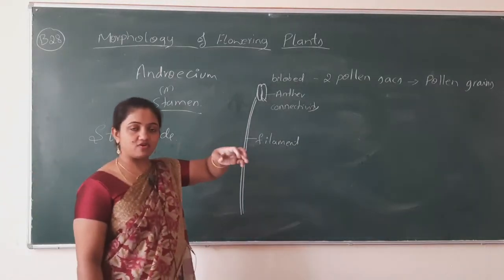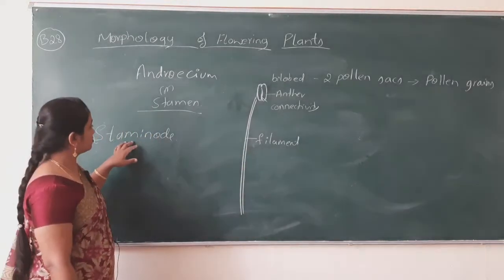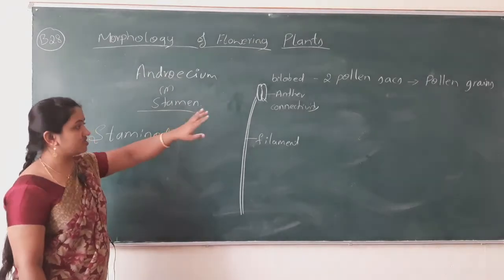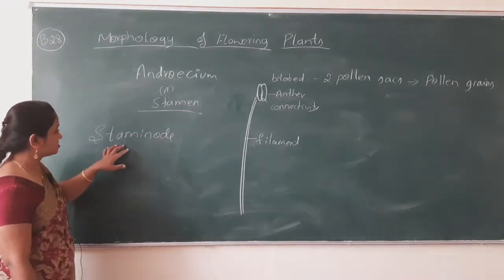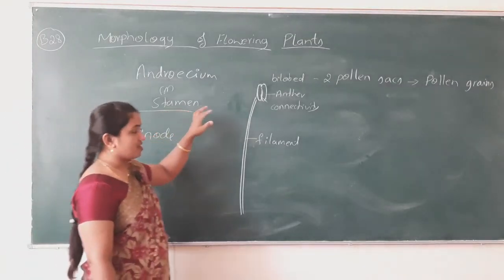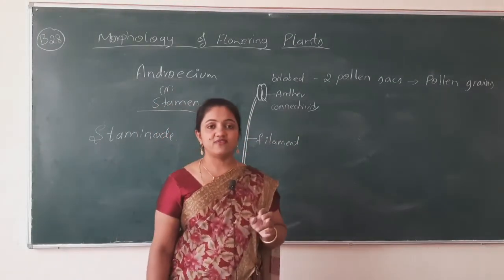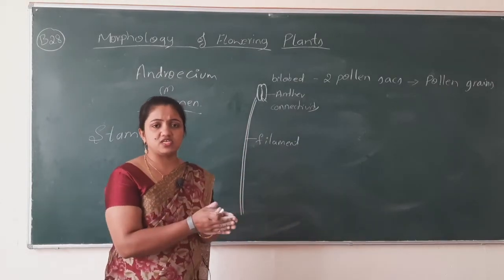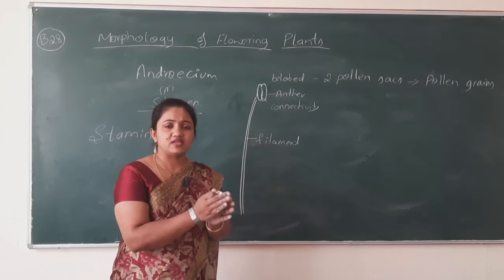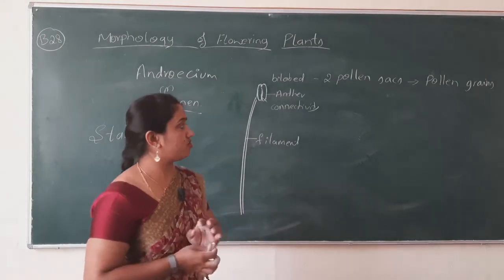Sterile flower means they are not going to produce any pollen grains. Staminode means absence of stamen, or if the stamen is present, it does not produce pollen grains.